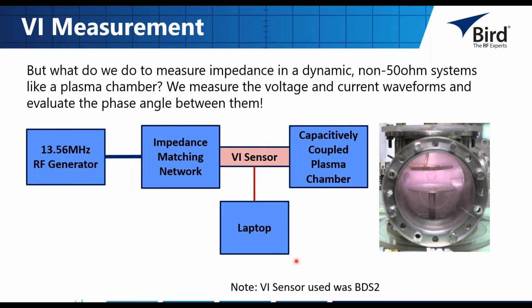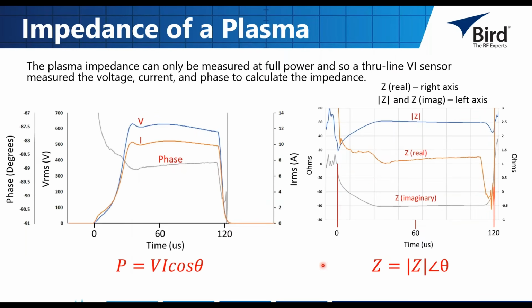And here we're doing a measurement of voltage and current. This was an experiment I'd done at a lab about a year ago, doing some test measurements with one of our products. Here you can see we're measuring the voltage, current, and phase over a very short, about 120 microsecond pulse.